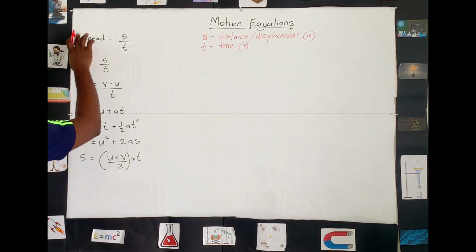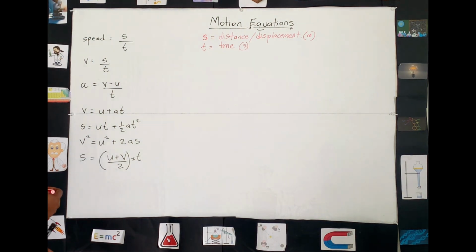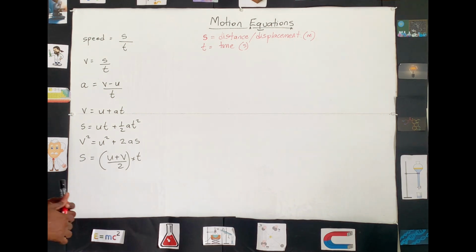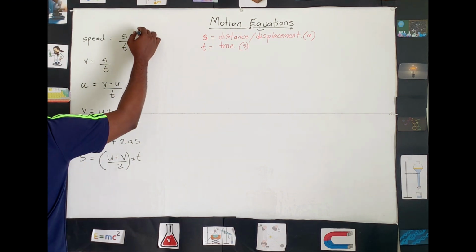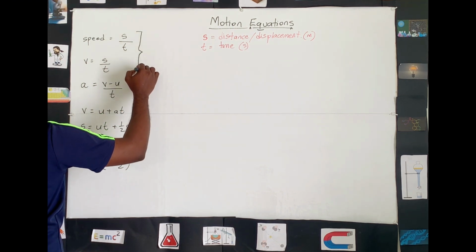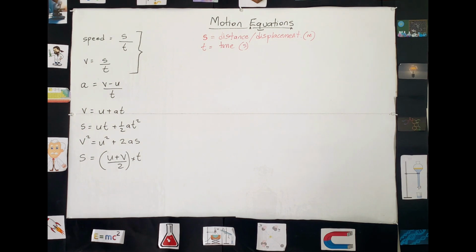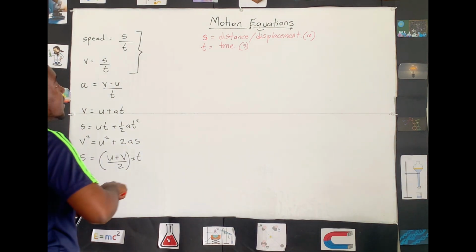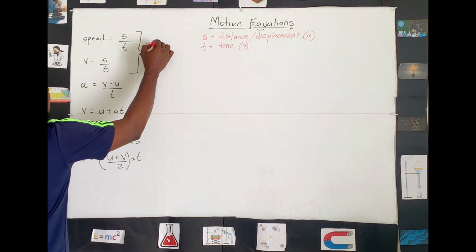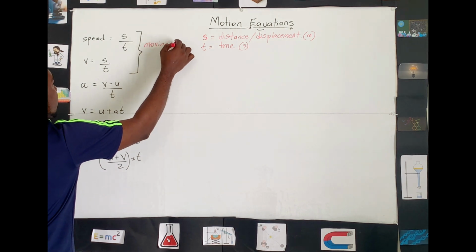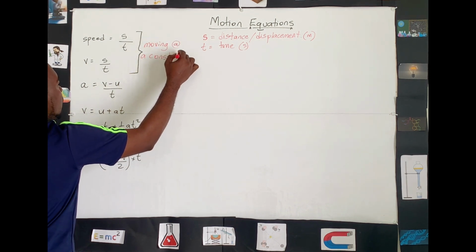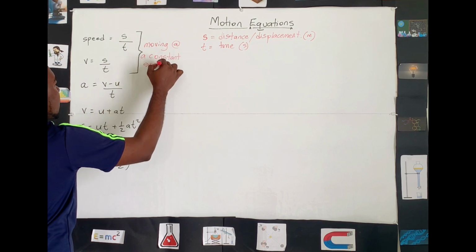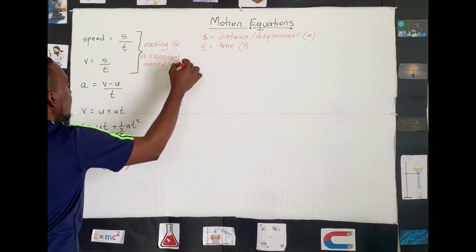These two formulas are unique, except for the last one as well. We use these two formulas under only one condition, and that condition is if the object is moving at a constant speed or velocity.